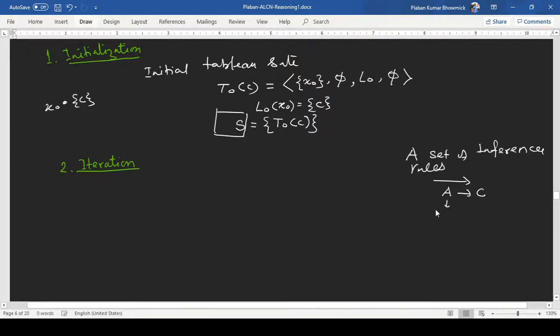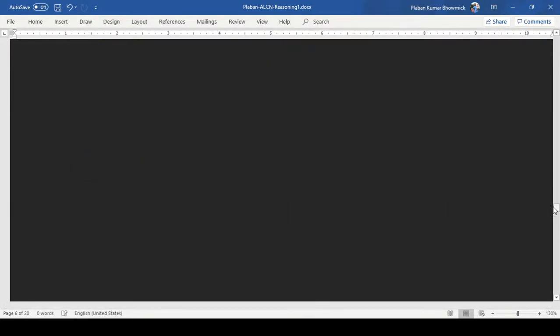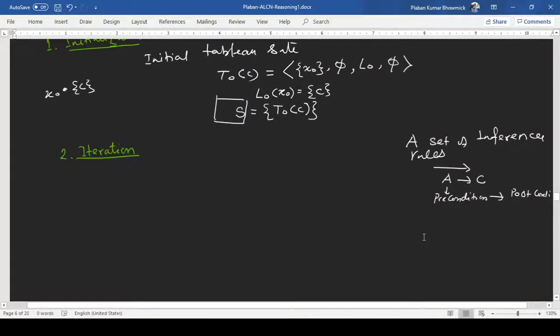And this antecedent is called a precondition. If this condition is satisfied, then you can apply this rule, and if you apply this rule, you will arrive at a post condition, right?